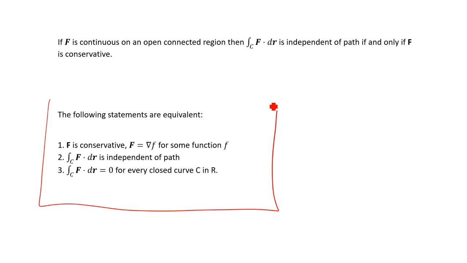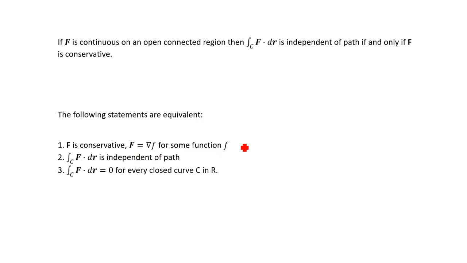Okay, and then I've got 3 sentences that are repeating the same thing. These sentences are equivalent because they're giving us the same information. The first says, if f is conservative, then f equals the gradient of some potential function. That's our first fact: conservative vector fields equal the gradient of some potential function.